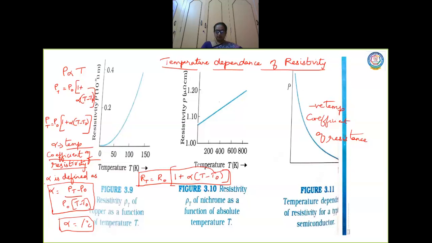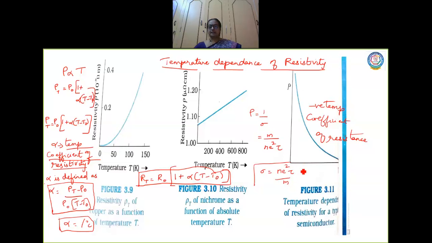Now we know the formula for electrical conductivity. What is the formula for electrical conductivity? Resistivity is equal to 1 by sigma, right? So 1 by sigma can be written as m by n e square tau. Now I can also write sigma to be n e square tau by m.